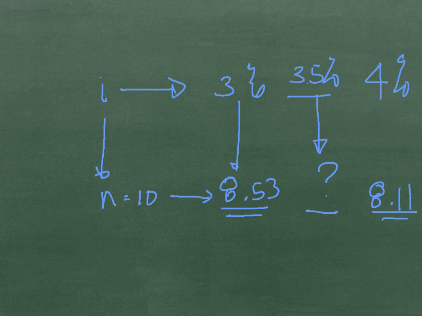Okay, so now we work on ratio and proportion. What we do is set it up this way. 3% is our interest, and this is our table factor. At 3%, it is 8.53.